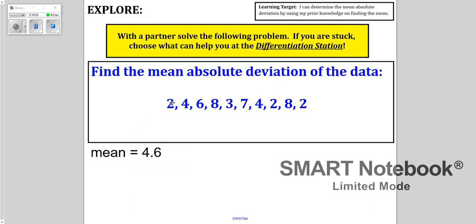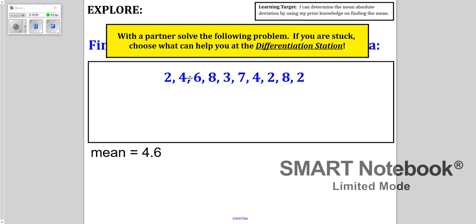So now, underneath each one of these numbers, I'm going to write down the distance that each one is from the mean. So for example, 4.6 minus 2 is 2.6. Let me make that a little smaller, see if it makes more sense. Yeah. So 2.6. 4 is 0.6. 6 is 1.4 from it. 8 is 3.4 from it. 3 is 1.6 from it.